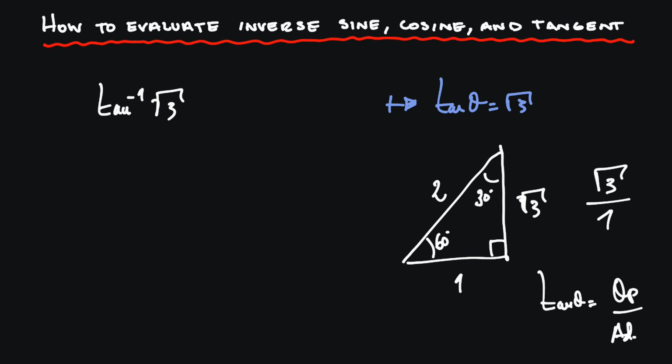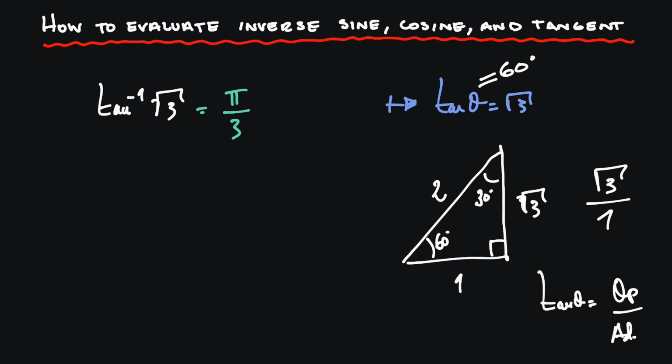And the angle that has square root of 3 as the opposite and 1 as the adjacent is 60 degrees. It's this one right here. So the angle that works here must be 60 degrees, and we know that 60 degrees is pi over 3. So the inverse tangent of square root of 3 must be pi over 3, okay?